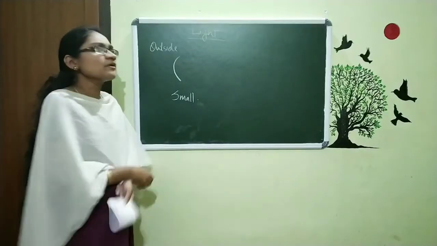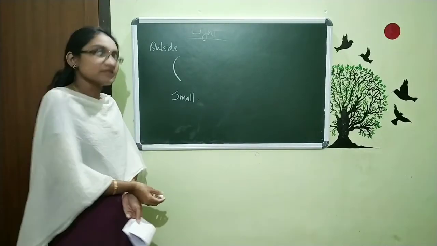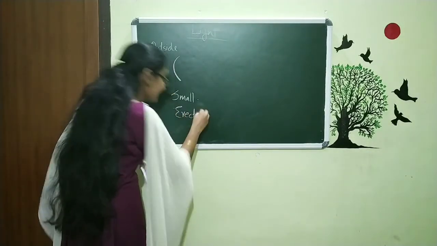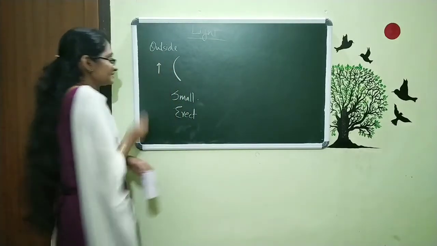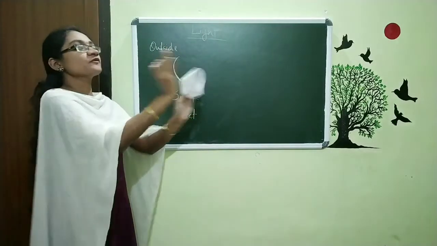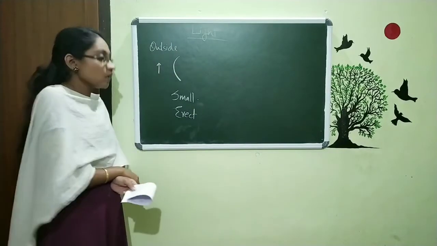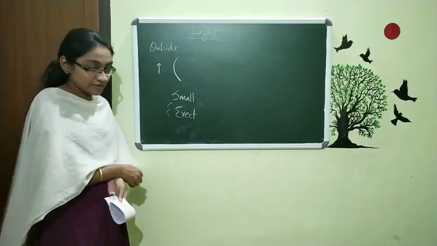And what about the image? Is it inverted or erect? It's actually erect. That means if I stand like this, the same type of image is formed on the surface of the spoon. So I can say that is an erect image, not inverted.